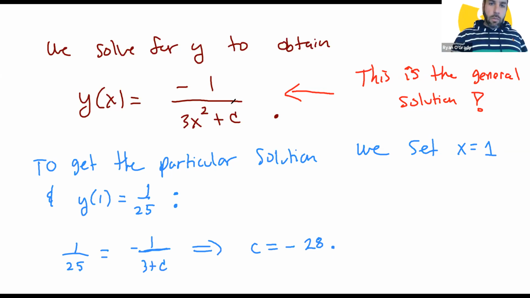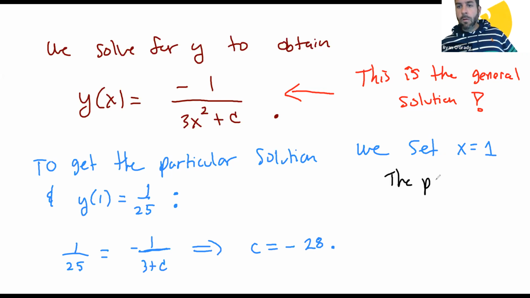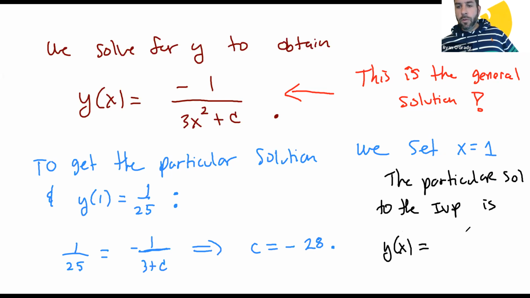And so the particular solution to the initial value problem is y of x equals -1 over 3x squared minus 28.